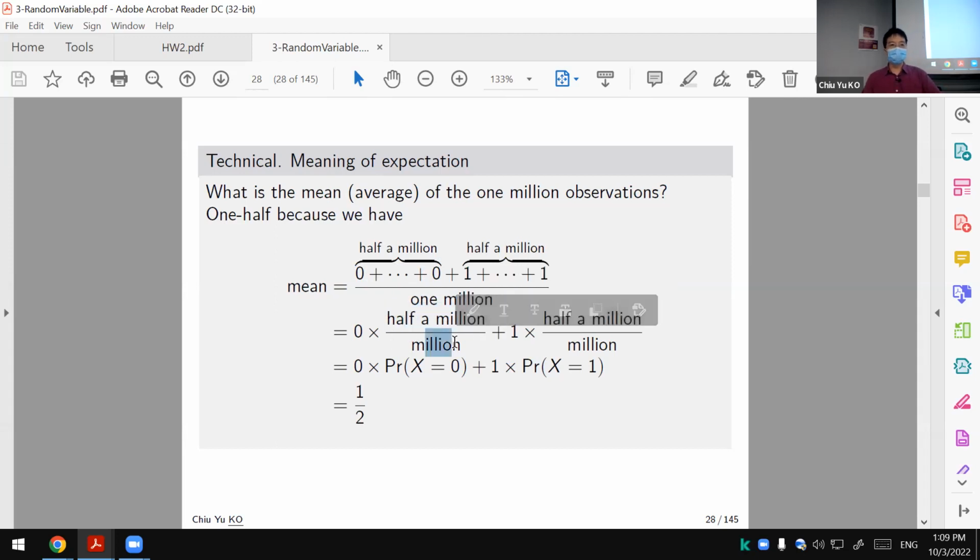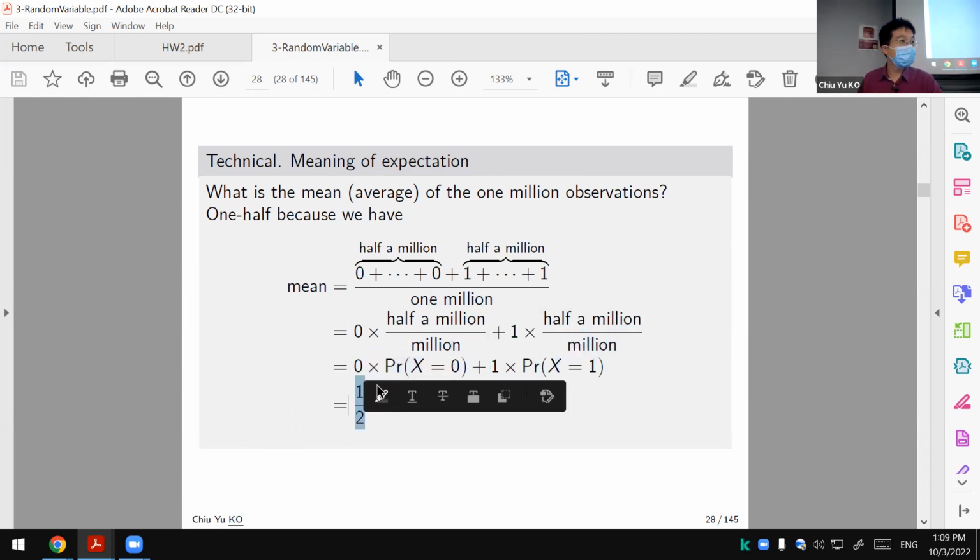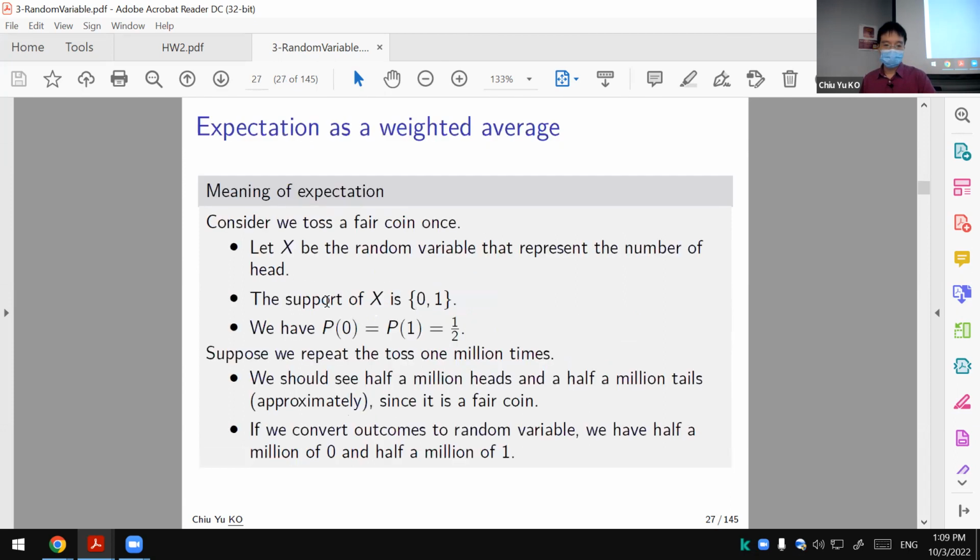How does it come from this? This is just probability, because you define probability as the relative frequency. It's 0 times 1/2 plus 1 times 1/2, so the mean is 1/2. So the expectation of this random variable is just 1/2.